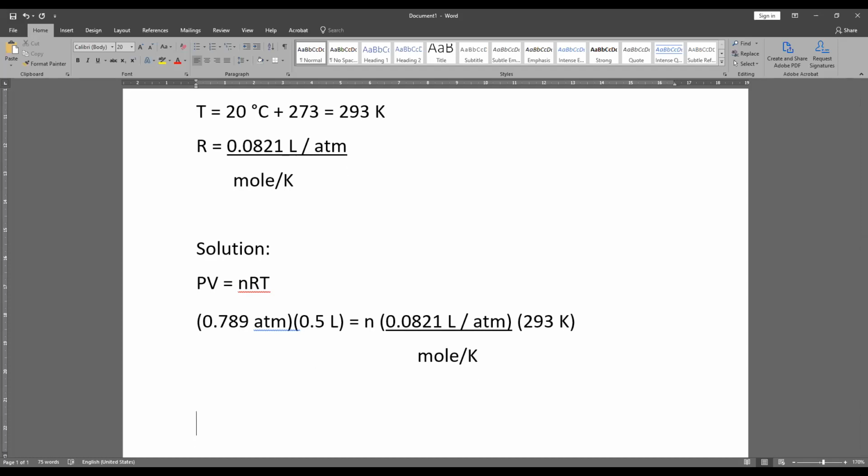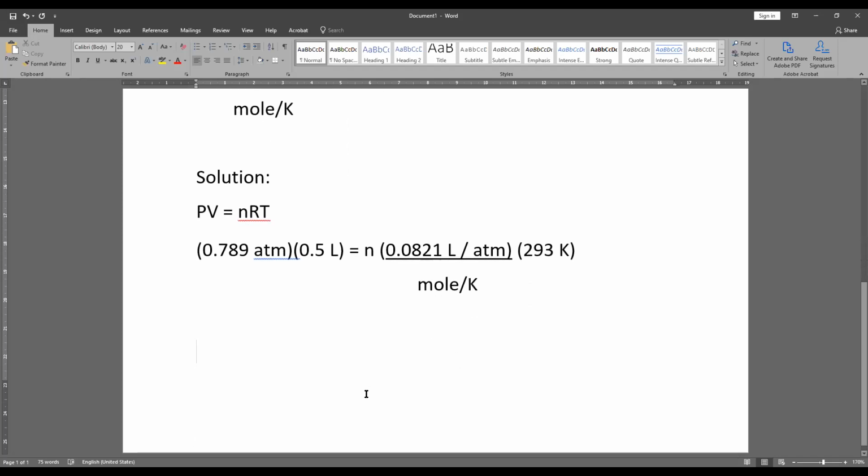What should be done next? Next is, di ba, we're asking about the mole? Okay, so we need to transpose. n is equal to, divided by.